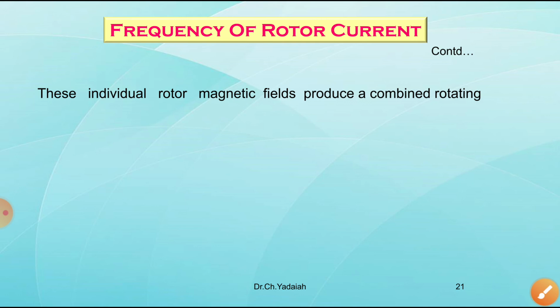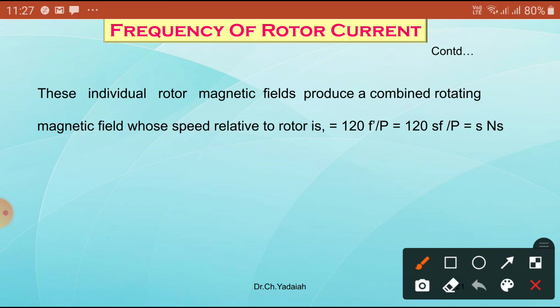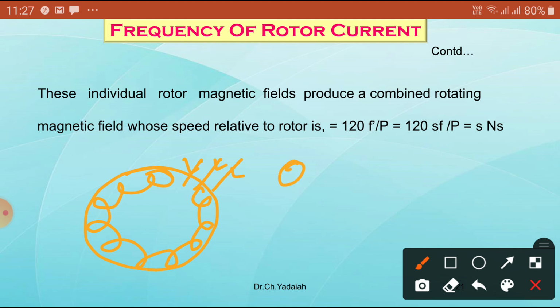These individual rotor magnetic fields produce a combined rotating magnetic field. Similarly, the stator has R phase, Y phase, B phase distributed in a similar manner, and the resultant phi R is equal to 1.5 times phi m of each phase.